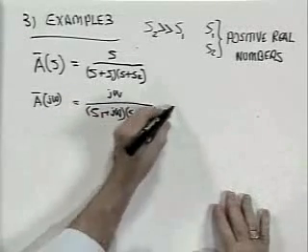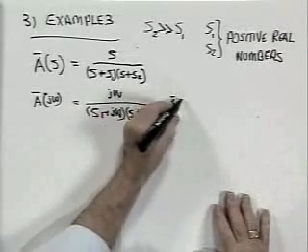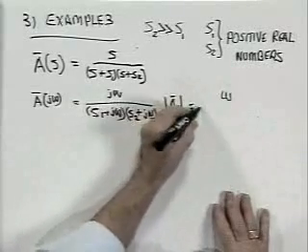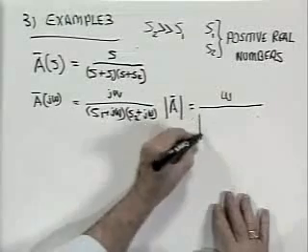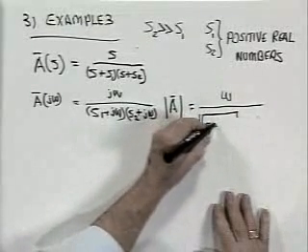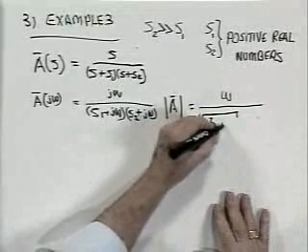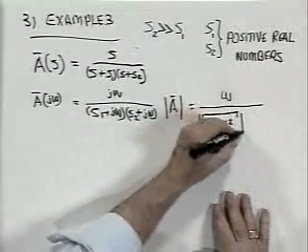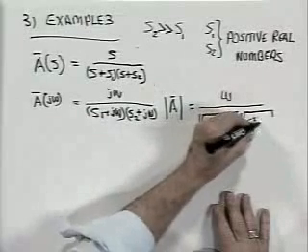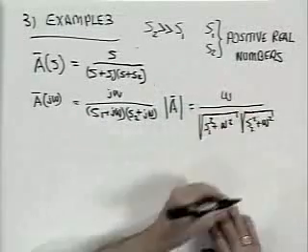And if I want the magnitude of that, magnitude of A is the magnitude of the numerator, omega, over the magnitude of the denominator, which is the square root of the sum of the squares, s1 squared plus omega squared, times the square root of s2 squared plus omega squared.